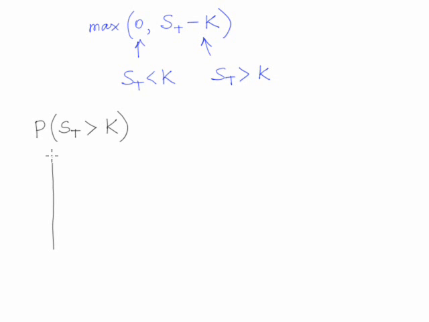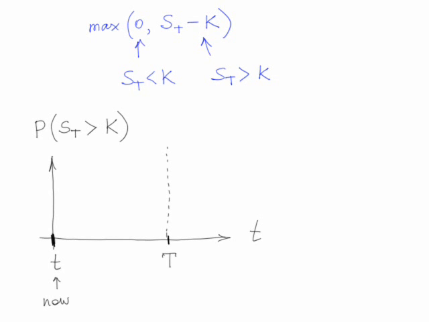Let me note at what point in time we calculate this probability. So we are sitting here at time t, this is now, and we would like to know the probability that our call option will expire in the money.